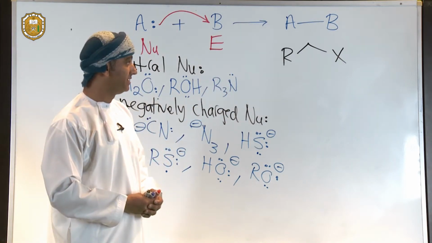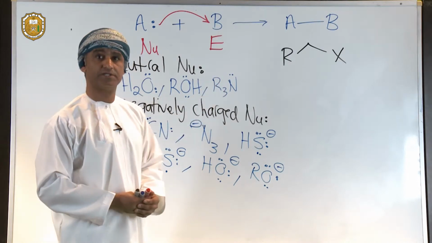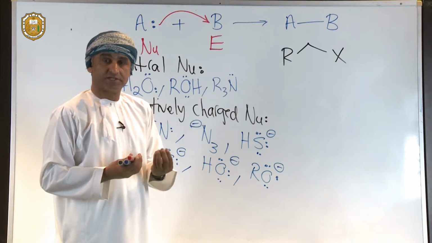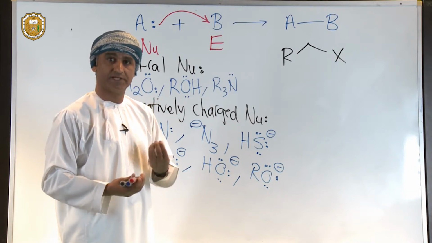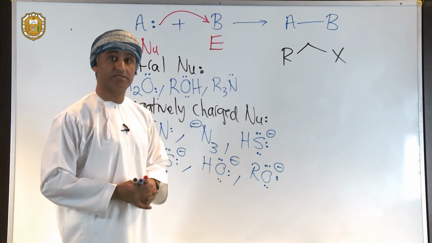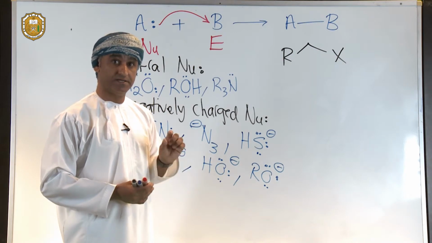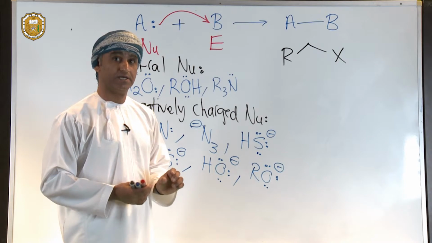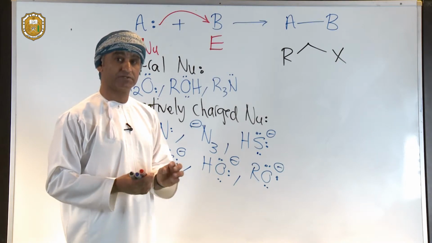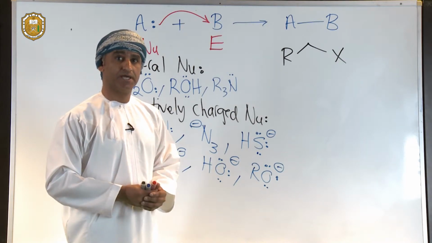Now that carbon that's bonded to X, the halogen, has a partial positive charge, and that's due to the inductive effect. The inductive effect is a consequence of an unequal distribution of electrons because of the difference in electronegativity.